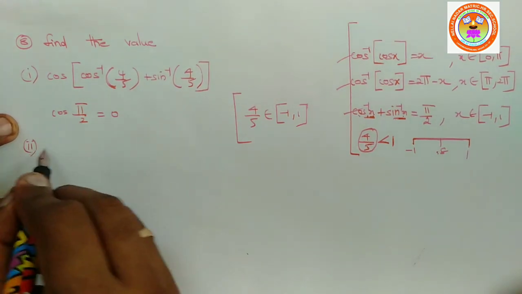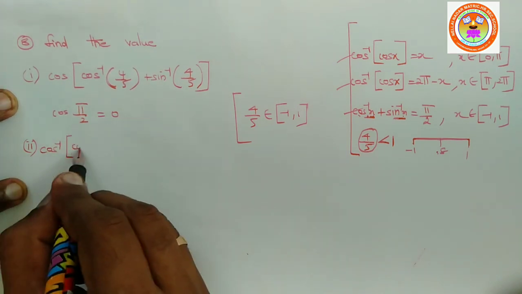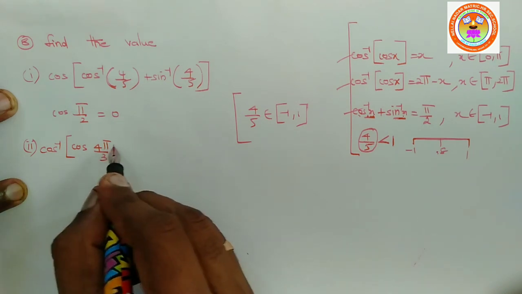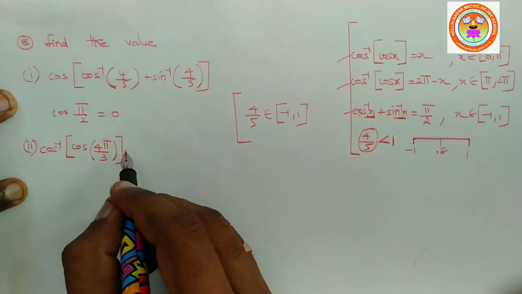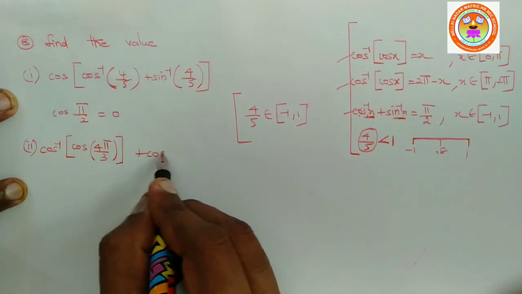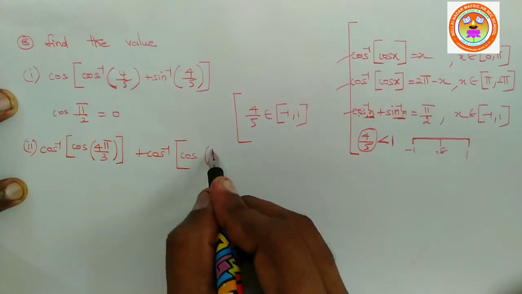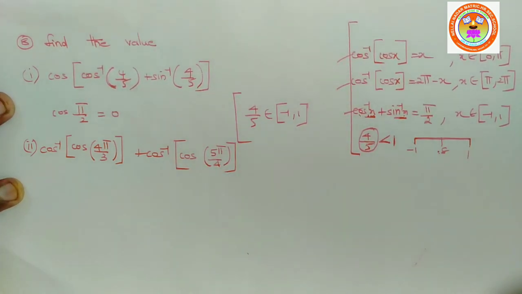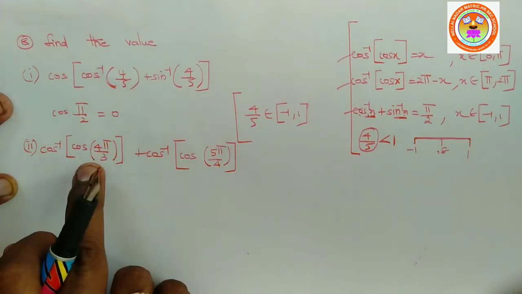What is the second subdivision? Cos inverse of cos 4 pi by 3, plus cos inverse of cos of 5 pi by 4. Close the bracket. Now we need to apply some property. See here, this 4 pi by 3 is greater than pi.